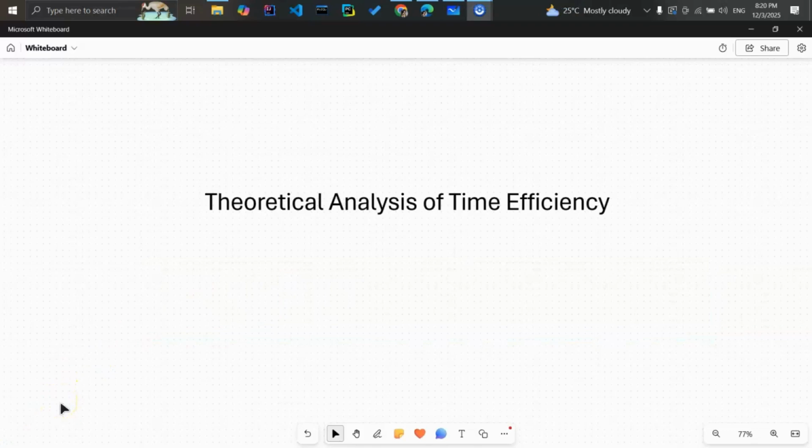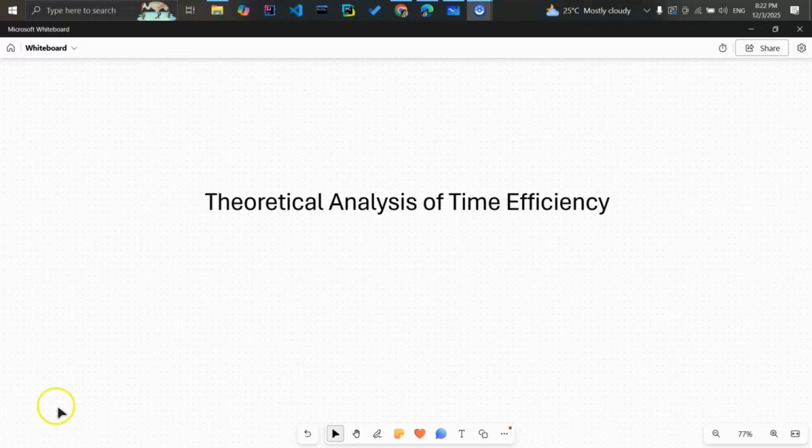Theoretical analysis of time efficiency. What is it? It is the process of estimating how fast an algorithm runs without actually implementing it. We focus on how the running time grows with input size, not exact seconds. This is done using asymptotic notations like big O, big theta, big omega.